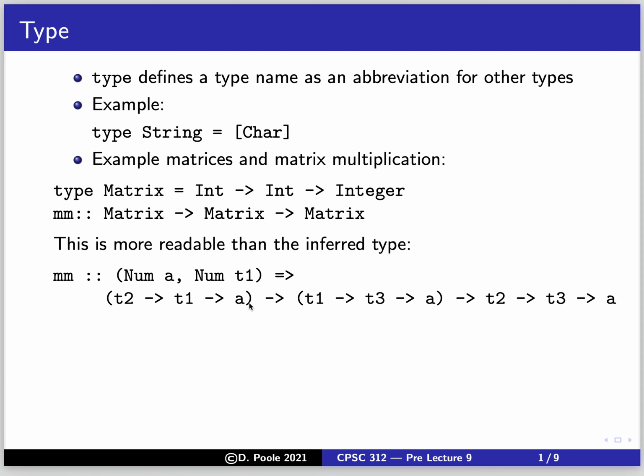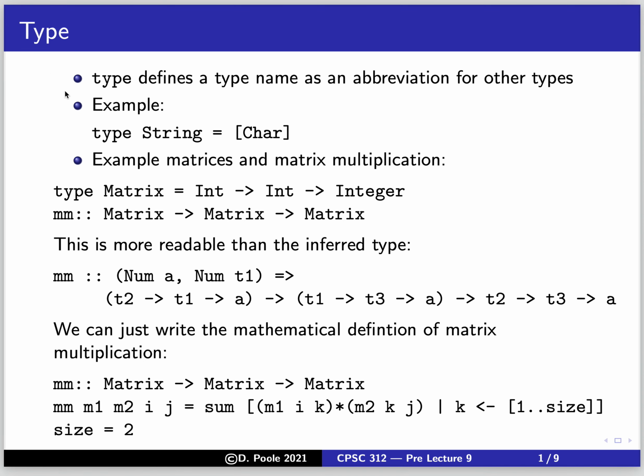You might look at this and say, well, it's a function of 4 arguments. And it indeed is, but it's not as clear to make sure it's the right answer to say it's of this type. So it's much more readable to put in this than it is to put in that. Now we can just write the definition of matrix multiplication. We can copy the definition from Wikipedia.